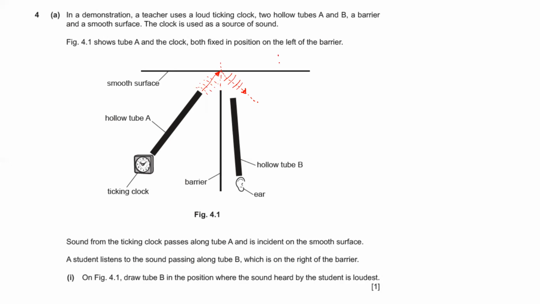And remember the law of reflection of waves: the angle of incidence is equal to the angle of reflection, especially since here we have a smooth surface. So if this is our angle of incidence, this will be our angle of reflection. So the maximum energy of the wave will be reflected across this. If we have to hear the loudest sound, the student has to make sure the tube comes somewhere here. This is our tube B, and here is the ear.